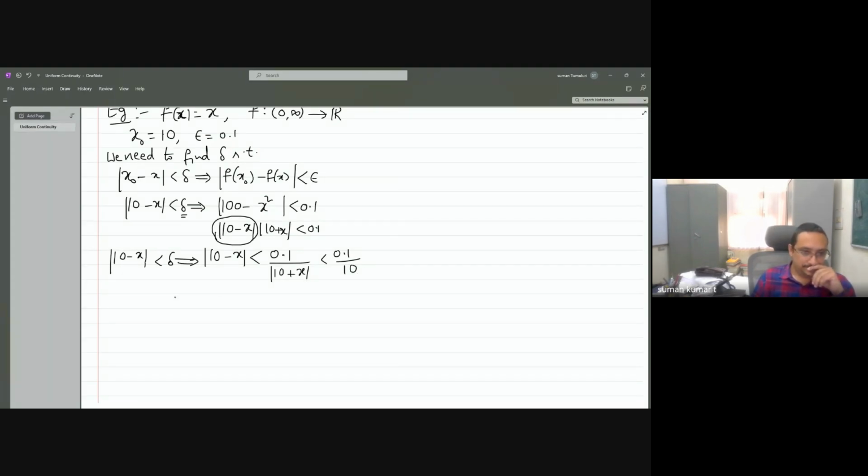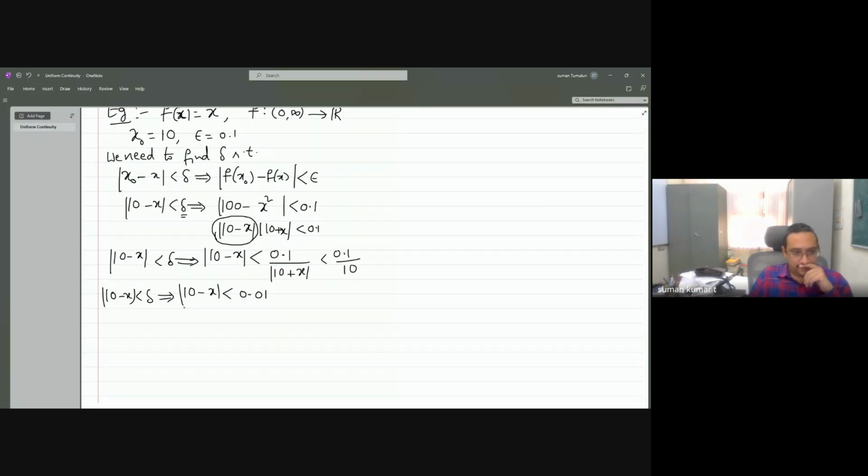So 10 minus x less than delta implies, in modulus, 10 minus x less than 0.01.